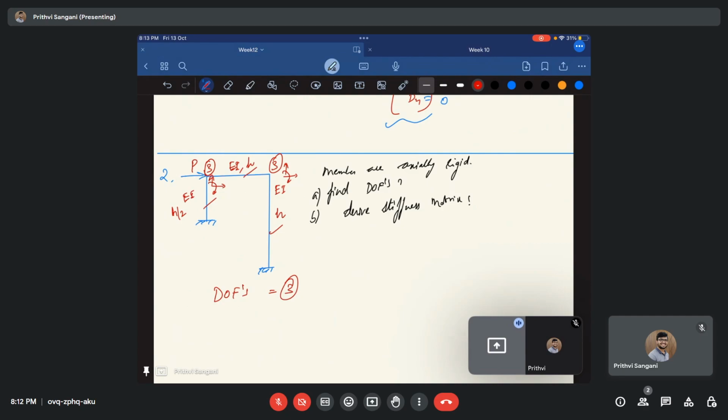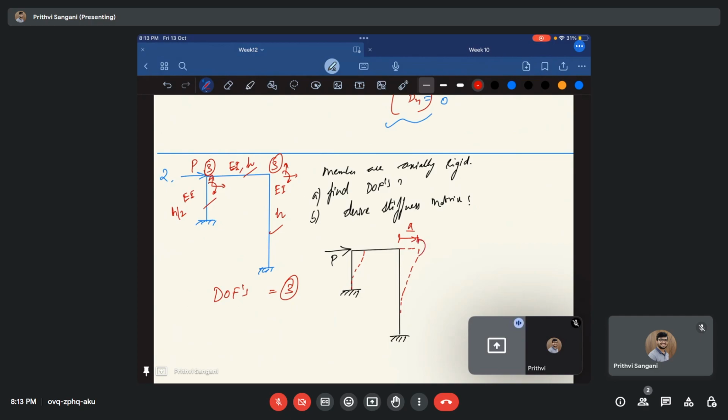Now what are left? The degrees of freedom that are left are when you push this member with load P. It can sway, delta 1, moving rightwards.